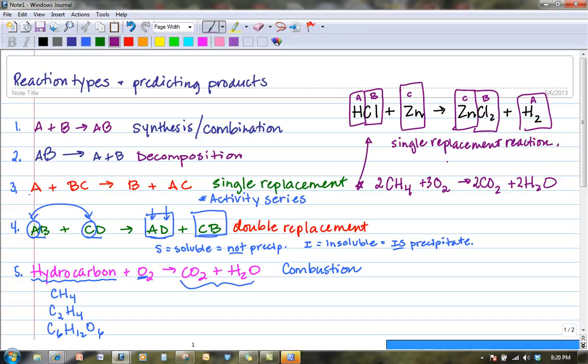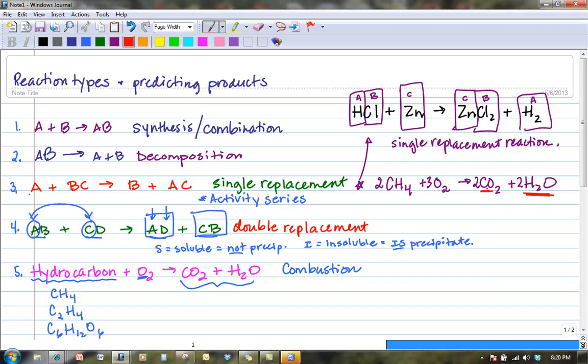There we go. All right, so let's take a look at this and see if we can figure out what kind of reaction we have. Well, I notice right away that I have carbon dioxide and water in the products. So right away, I have an inkling of what this could be. But I need to investigate further.